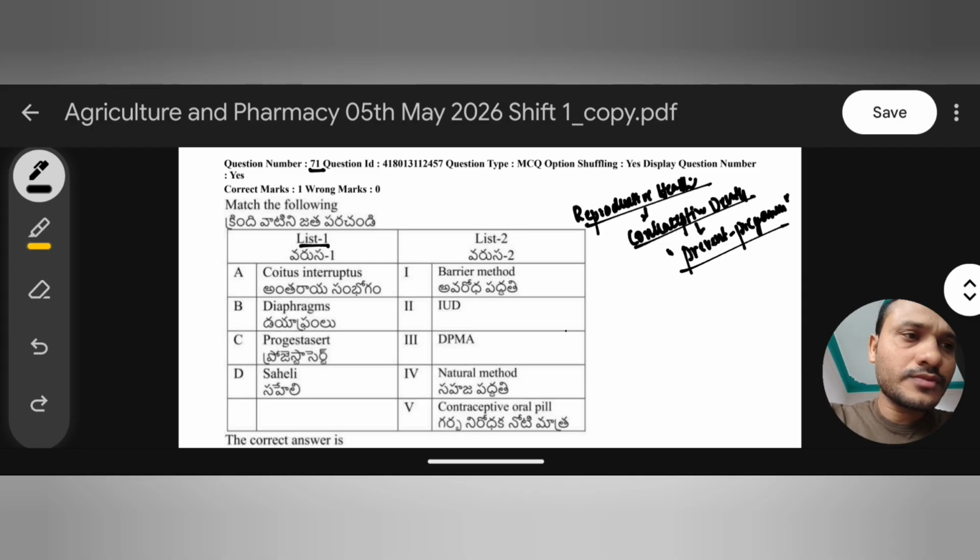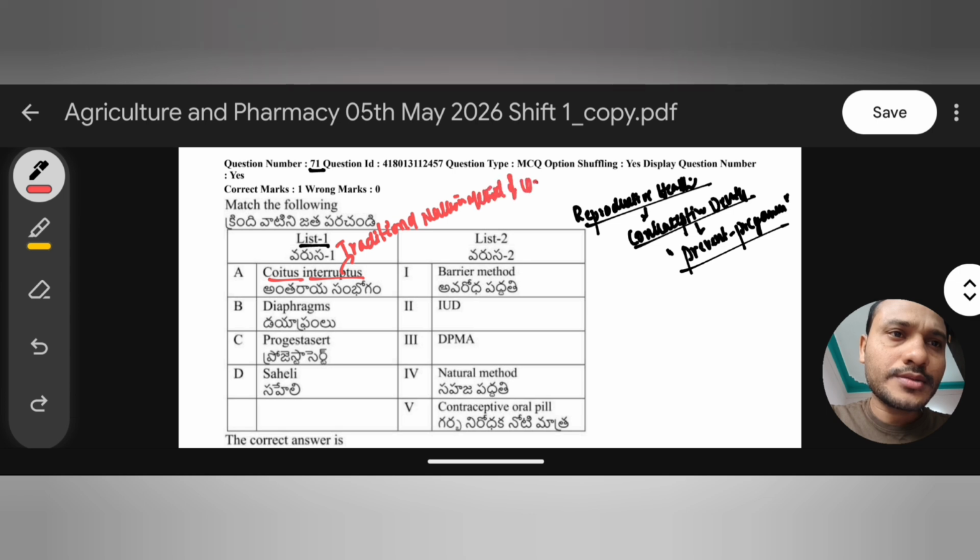In general, we have various types of contraceptive devices, but here we have to analyze only these four. First, coitus interruptus. It is a traditional natural method of contraception. During sexual intercourse, we have to withdraw before ejaculating sperm into the female body.